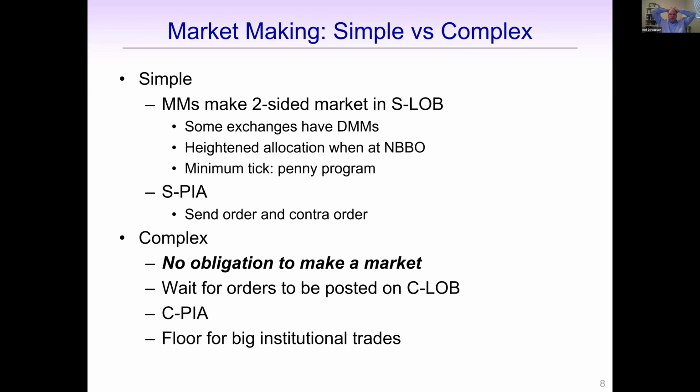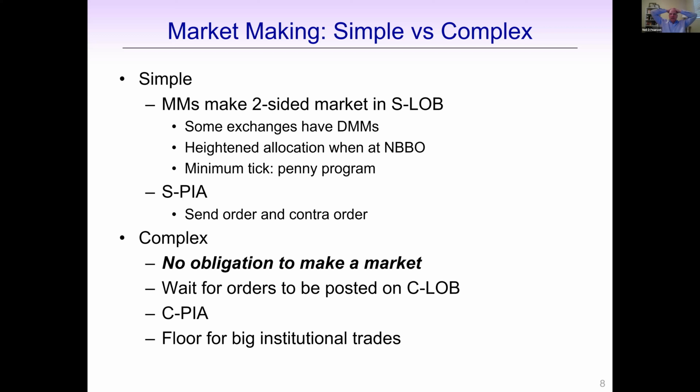So a little bit more about that. The simple limit order books, that is the limit order books for single leg trades, I think everyone's familiar with them. Liquidity market makers make a two-sided market in the simple limit order books, so market makers are central to the simple limit order books. There are some particular allocation rules.